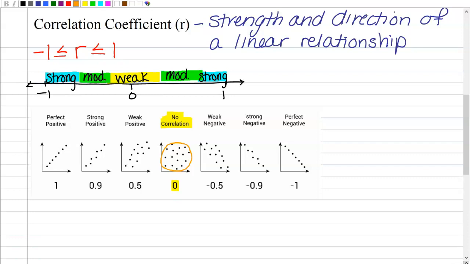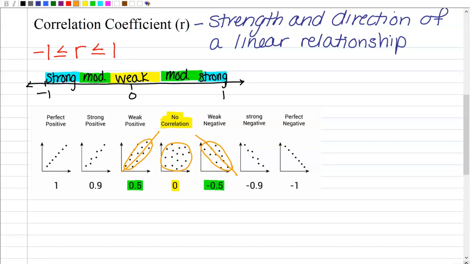Now if we look to 0.5 and -0.5, and we draw a circle around those points, notice that our circle now looks more like an oval. And you can also tell that there is a positive trend at 0.5 and a negative trend at -0.5.